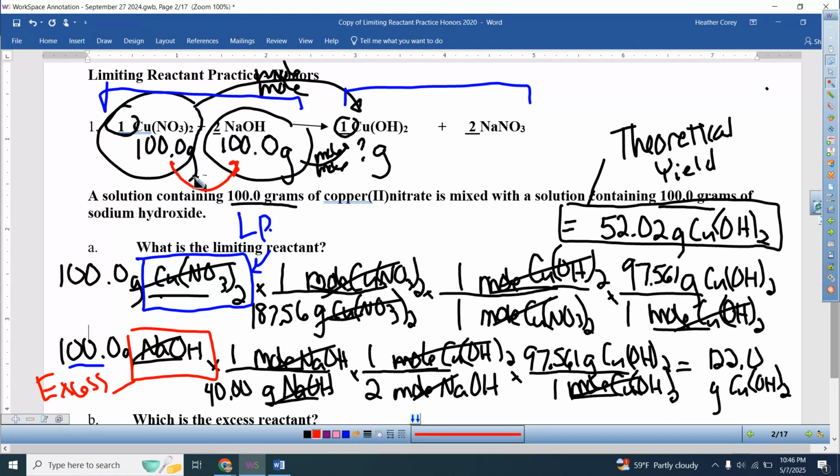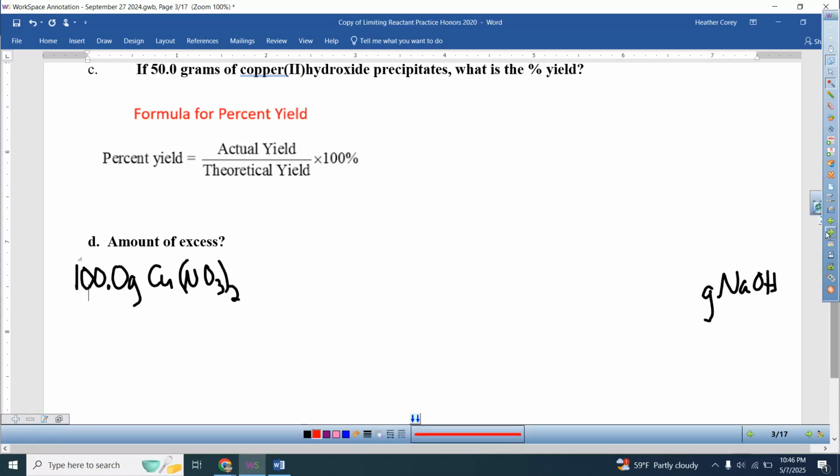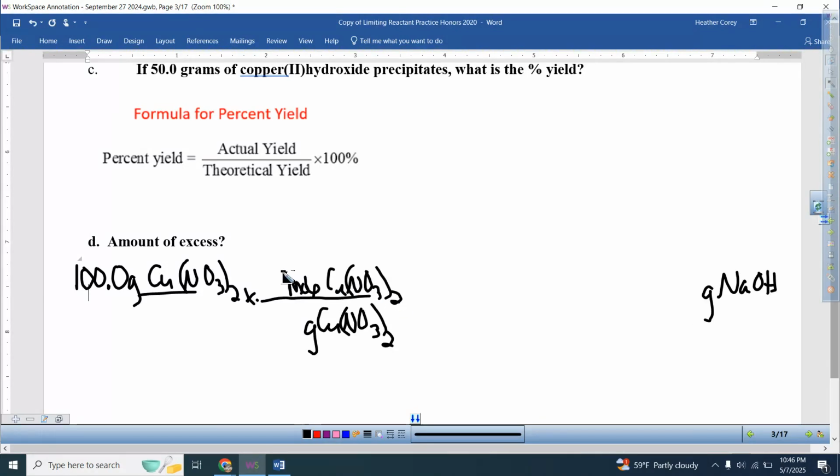So we're going to do this stoichiometry problem. Set up your fraction, copy paste. Go to moles. One goes with mole. We already added this above. And in the first part of the problem, we got 187.56 for this. That cancels our grams.